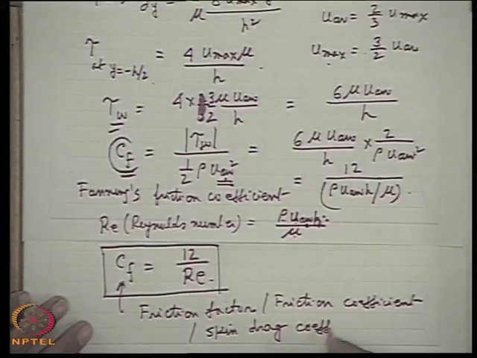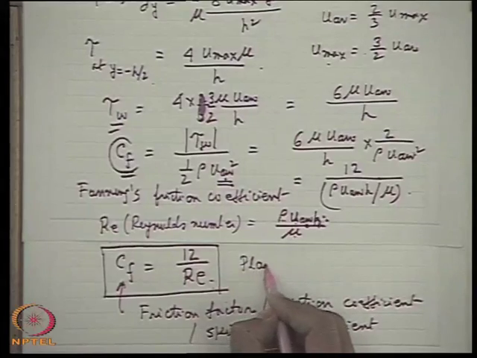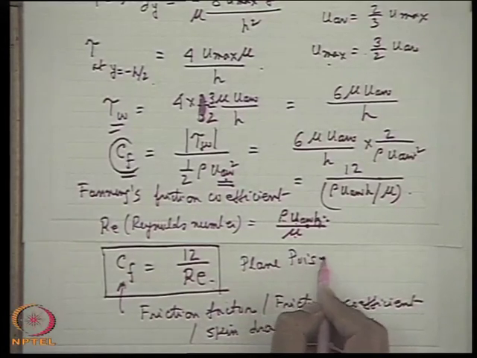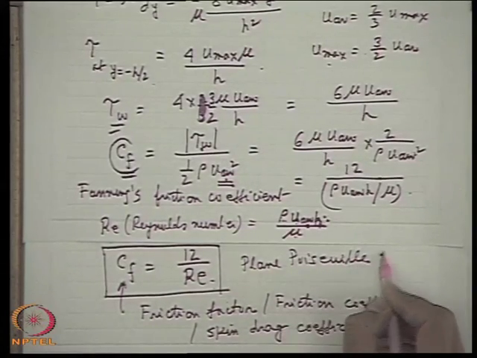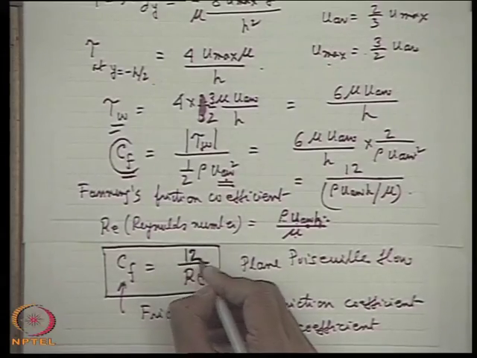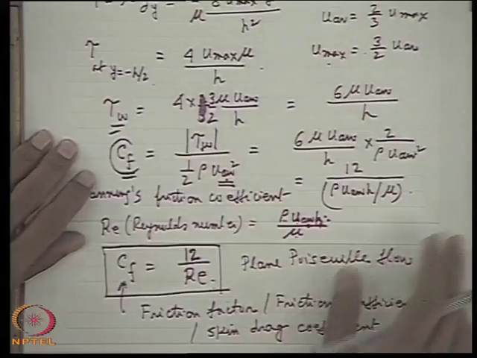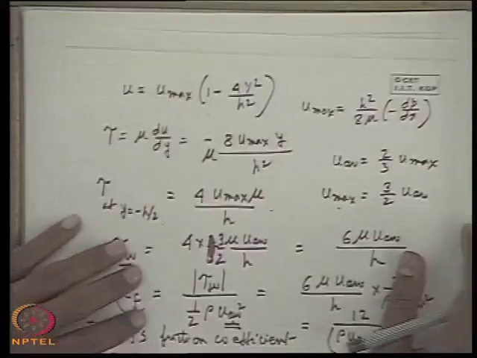It is known as skin drag, and there is another kind of drag known as form drag. So this is a function of Reynolds number only, and in case of plane Poiseuille flow, this is 12 by Re. So this is one very important deduction: 12 by Re. So we have derived the skin friction coefficient formula for plane Poiseuille flow along with the velocity distribution for the plane Poiseuille flow.